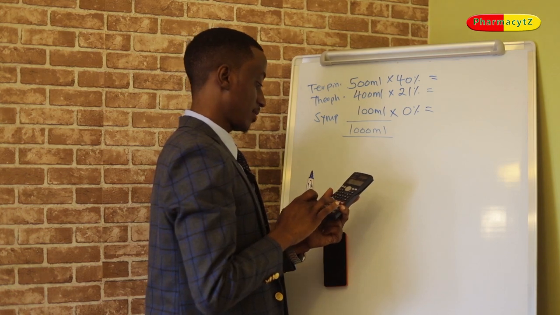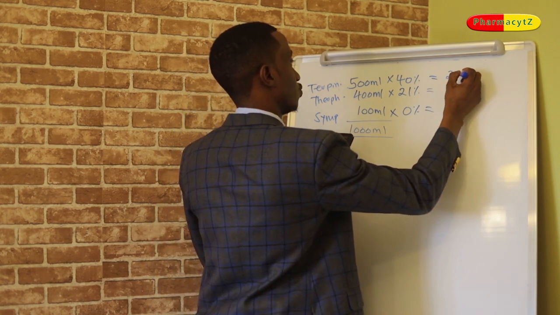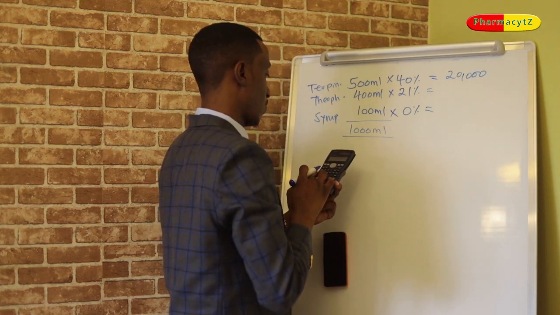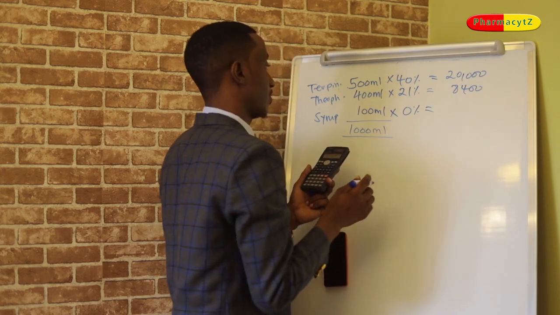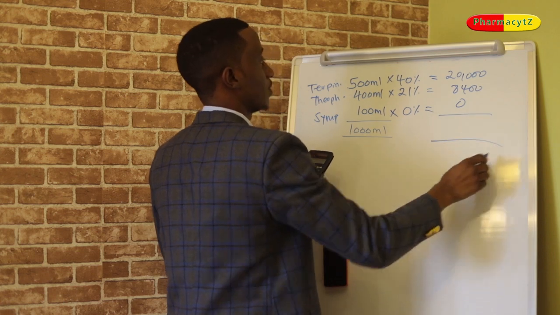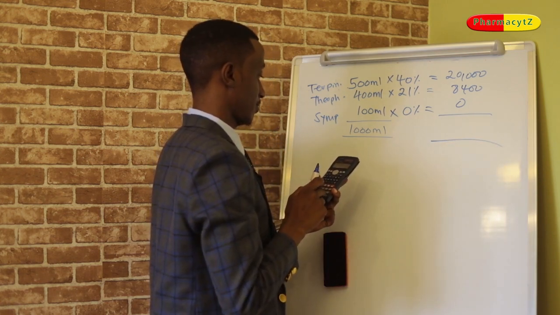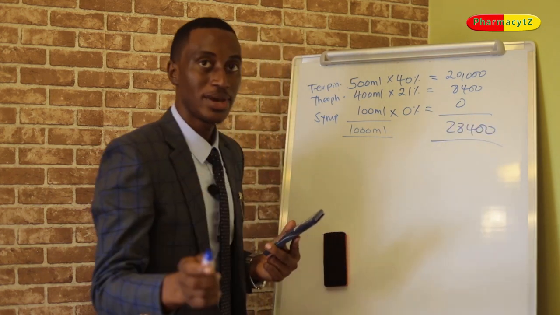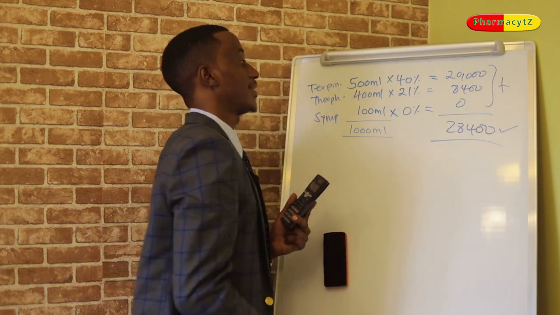This is 500 mils times 40, that is 20,000. Then 21 times 400, that is 8,400, and this is 0. Then what do we get here? This is 28,400. Remember in medial, after getting the products, you sum the products and get the answer.